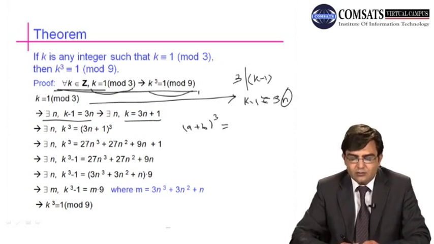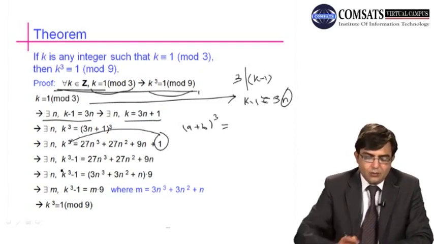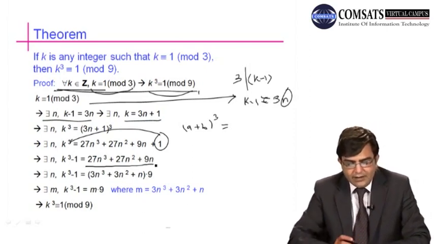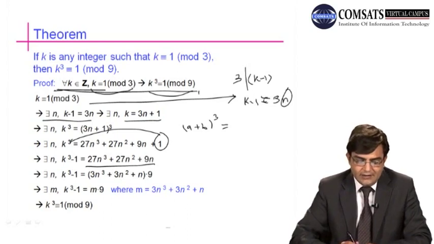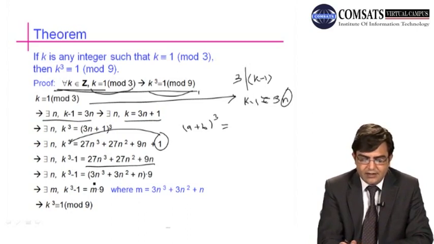This is the formula we studied in 9th or 10th class. Next we take this plus 1 to the other side, so we can write k cubed minus 1. We are left with this, and we can take 9 common. 9 3s are 27, 9 3s are 27, and 9 1s are 9. So this number is multiplied by 9.